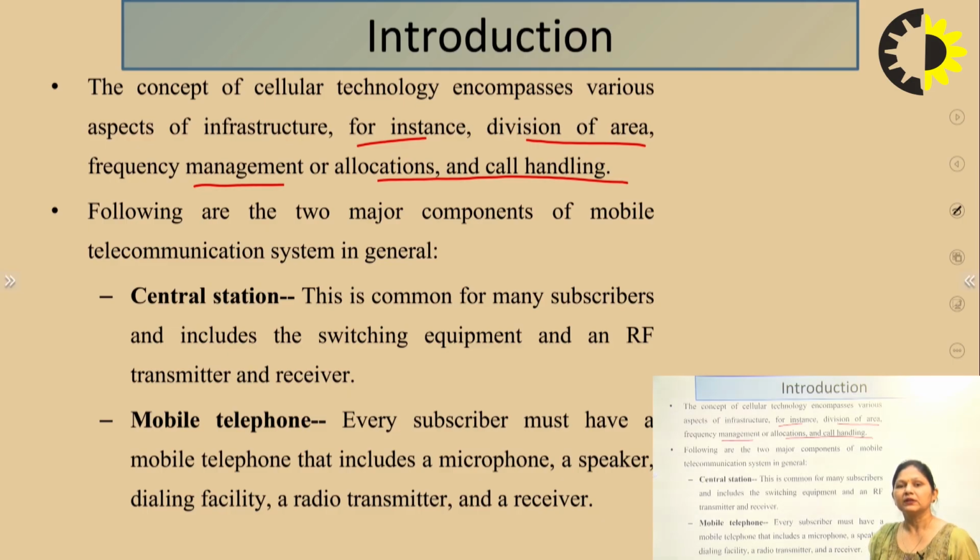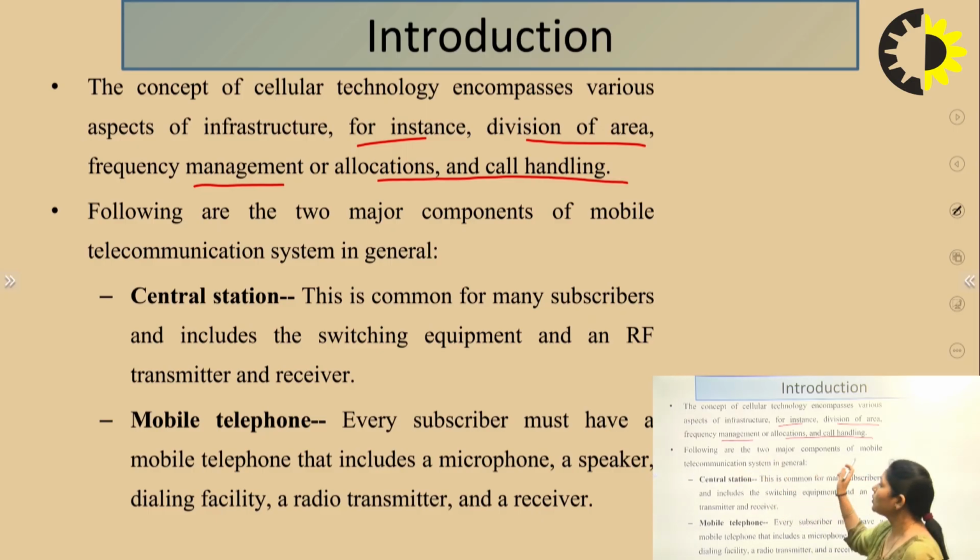So whatever number of users there are, the network service provider has to manage all these users. And call handling: whenever we are on a call and we are moving from one cell to another cell, the system should be able to handle the call also.